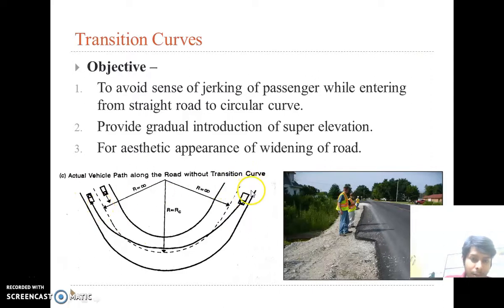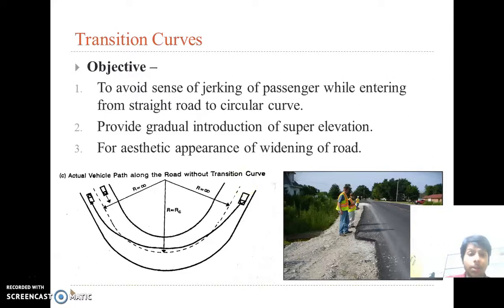When vehicles come on the curve, we can see that the straight road has a radius equal to infinity, and the circular curve has a radius equal to say RC. When the vehicles come on the curve, then the vehicle may overtopple, or the vehicle may slide away, or the passenger inside the vehicle feels discomfort because of the jerk, because of centrifugal forces.